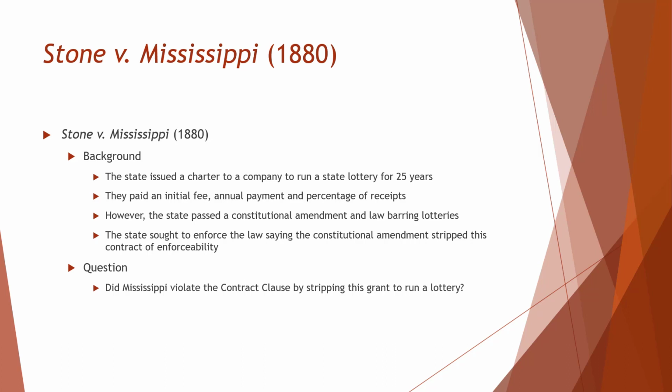So the Attorney General of Mississippi filed charges against John B. Stone. I don't know who the state attorney general was at the time. And others associated with the Mississippi Agricultural, Educational, and Manufacturing Aid Society for being in violation.